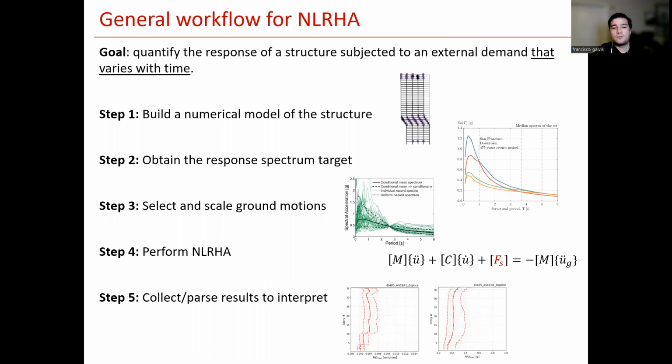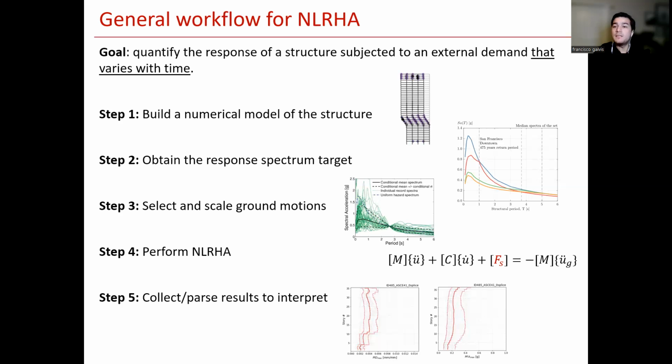The second step is that you need to obtain a response spectrum target. So in the context of earthquakes, you need to look for what's the load that I want to simulate, right? In this case, it would be a ground motion, and the ground motion is described in the context of engineering practice for nonlinear response history analysis with a target spectrum.